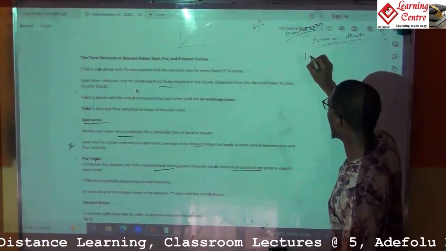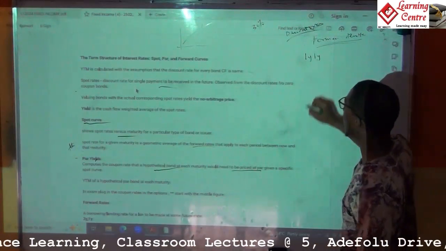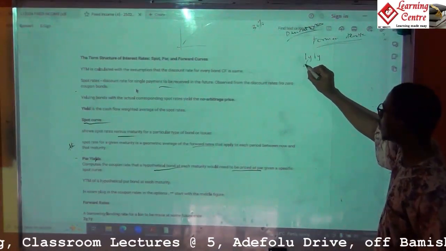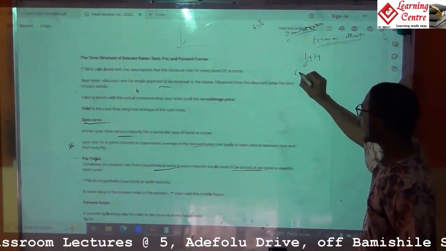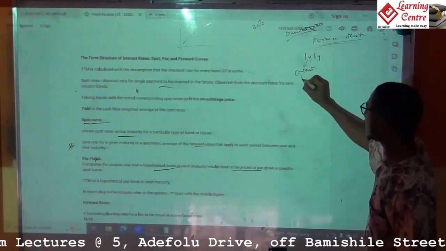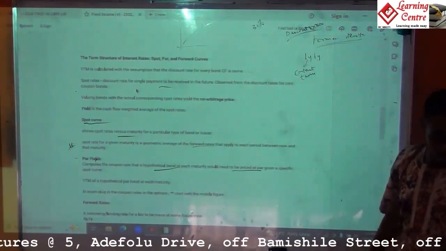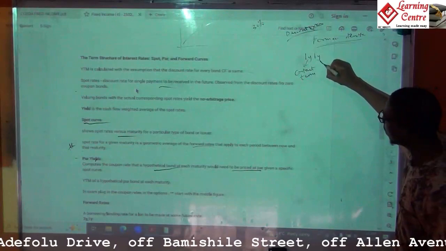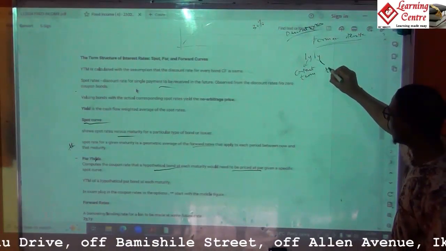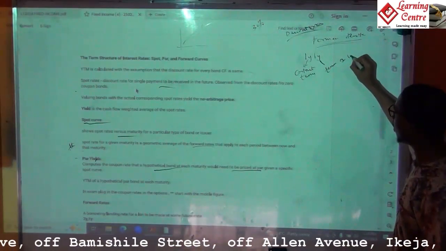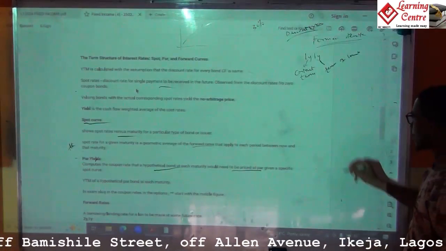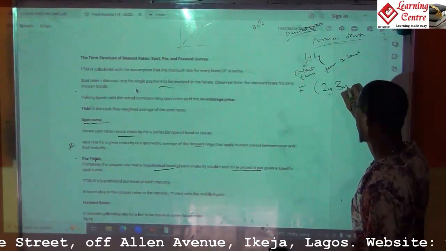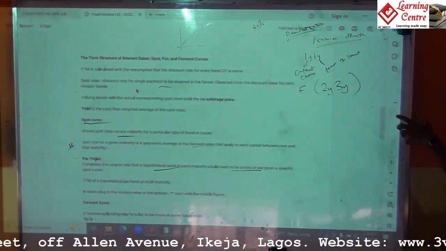The forward rate is written something like this. The first number is the contract term, like 1 year, saying the loan starts in 1 year's time. The second one is equivalent to the tenure of the loan. So if I say F2Y 3Y, who can tell us this in words?